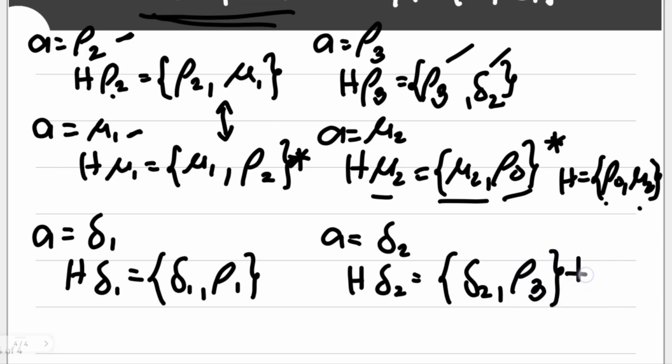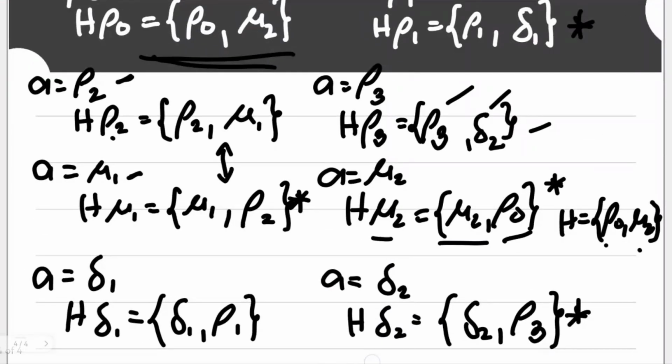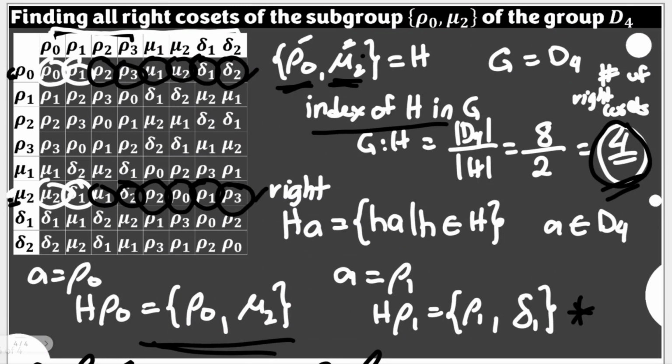So again, it's just the same as this, so they are counted as one. So we have 4 right cosets actually. Okay, so now I would like to bring you just an additional concern here, because this is the same subgroup on the same group D sub 4.